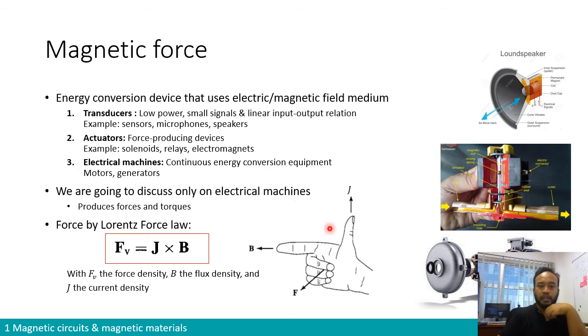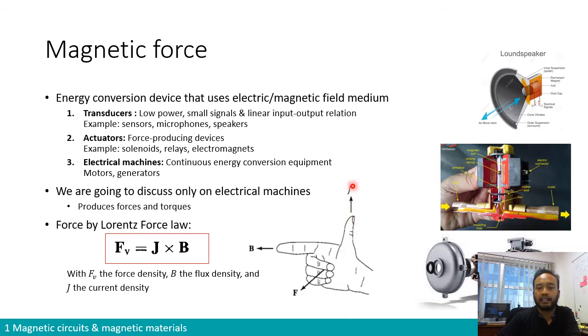So this symbol here is not multiplication, it is a vectorial product. It is J multiplied by B multiplied by the sine of the angle between the current vector and the magnetic field vector. You can find the force using what we call Lorentz's right-hand rule. Your thumb, the x-axis, points in the current direction, in which the current is flowing inside the conductor.